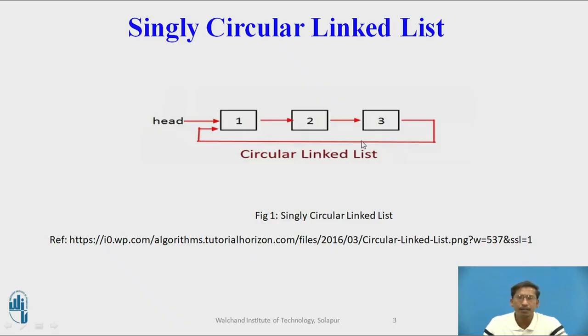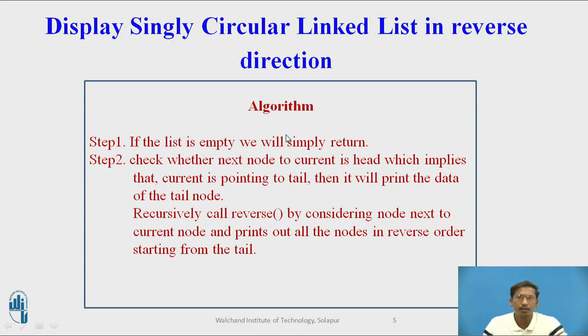Once data from the last node is printed, you return back to the previous function call. Then again you print. Then you return to the previous function call. Then again you print. So in this way you can print 3, 2 and 1, or you can print all nodes in reverse direction. So this is a recursive algorithm we have used for printing a singly circular linked list in reverse direction.